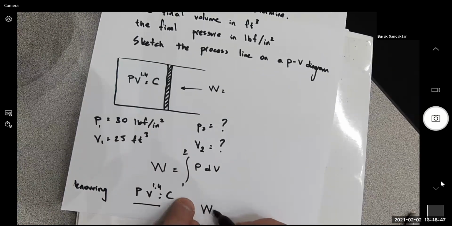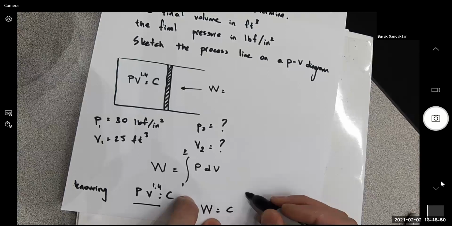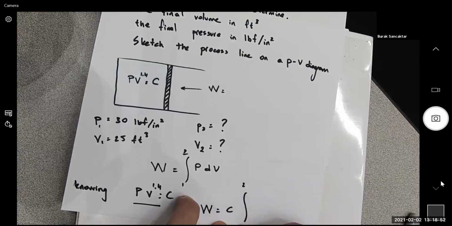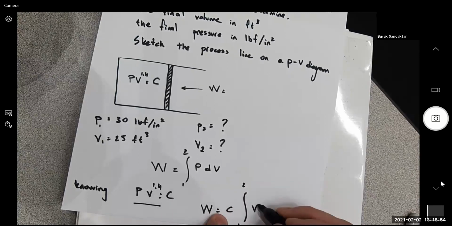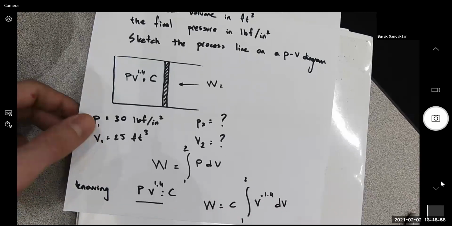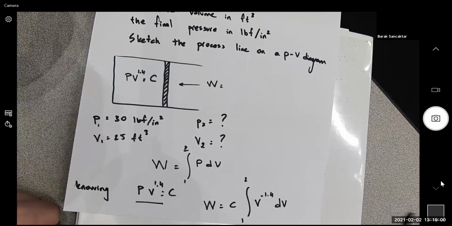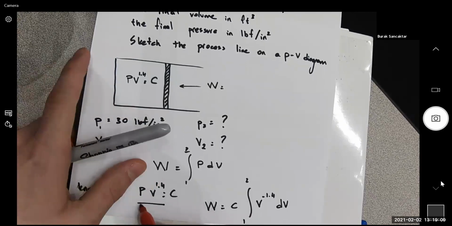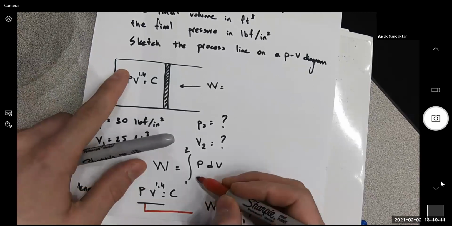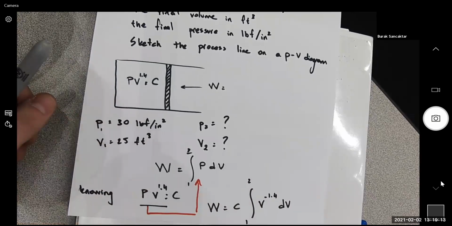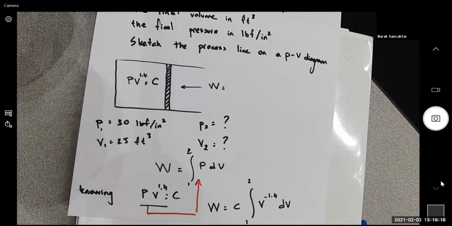Work equals the integral of C from state 1 to state 2 of V to the minus 1.4 dV. Just replace pressure with this equation. I took the C out, but it's constant. You want to keep it inside the integral.